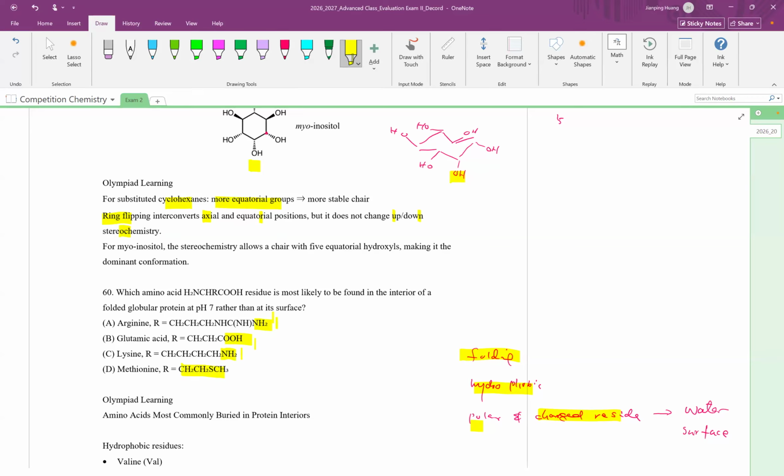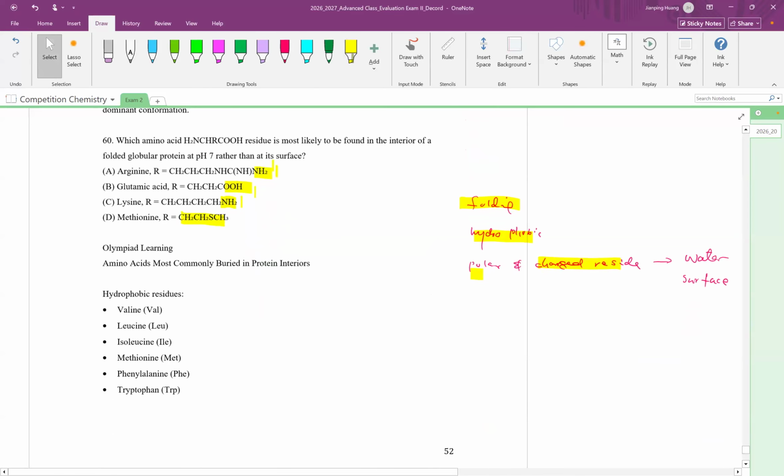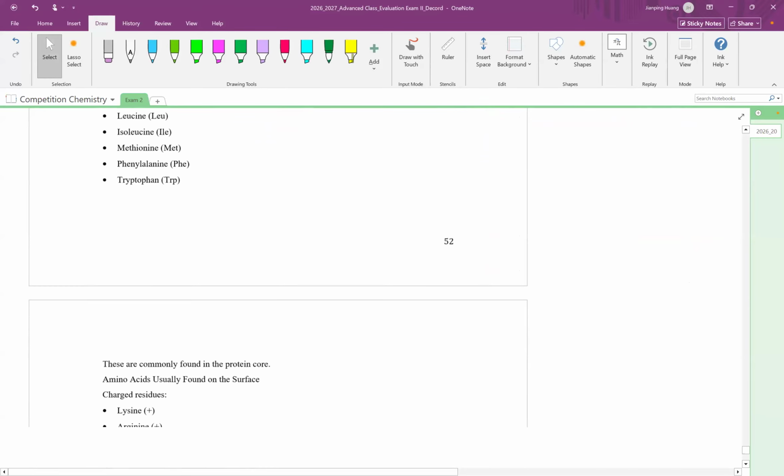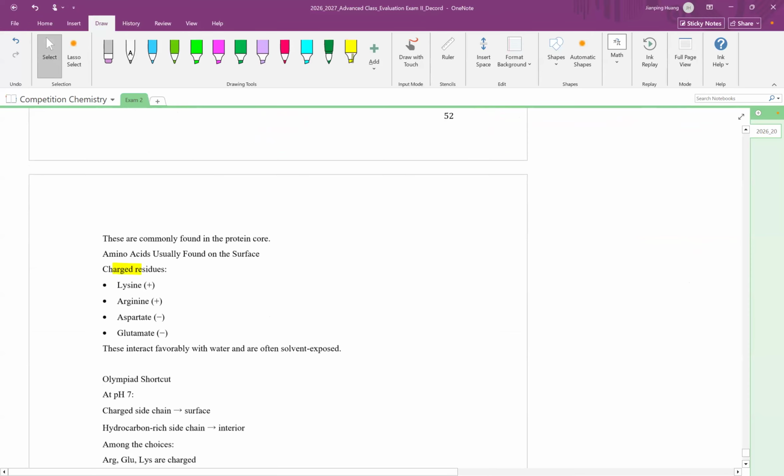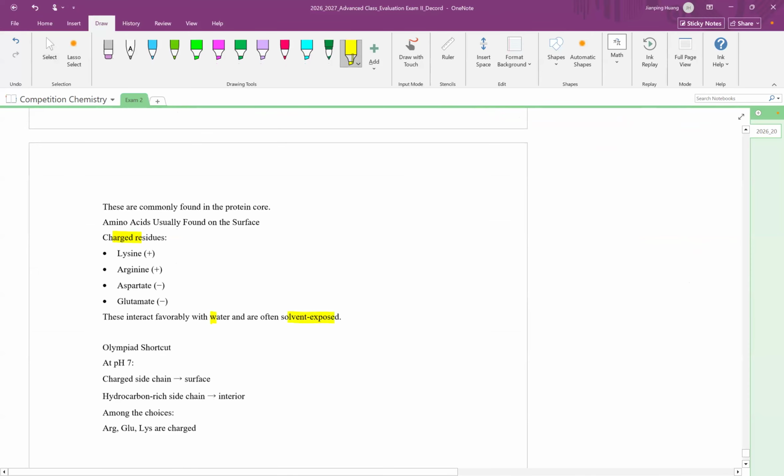Now let's look at what I wrote here. Amino acids mostly buried in the protein interior are hydrophobic, including, you remember it. Those found on the surface have charged residues on the surface, interacting with water, often solvent exposed.